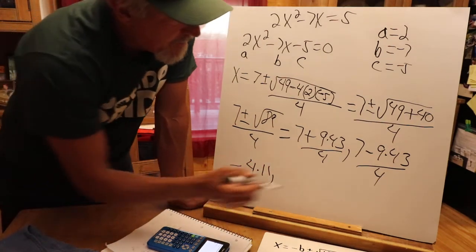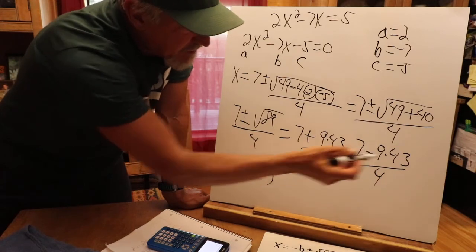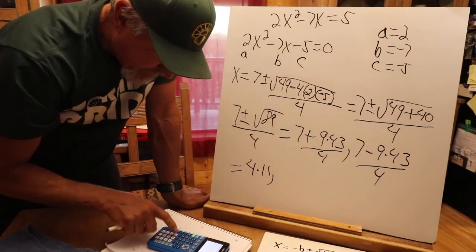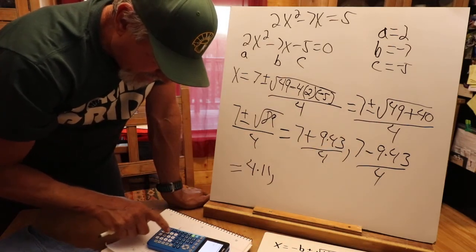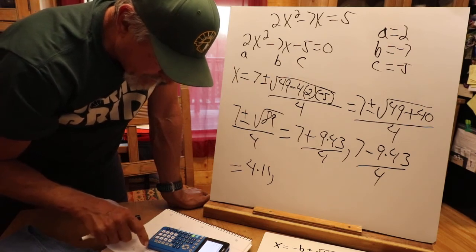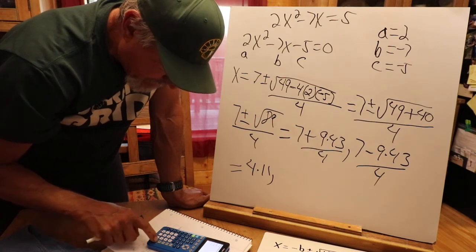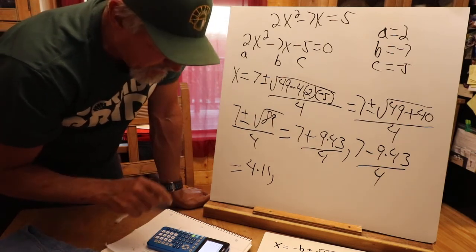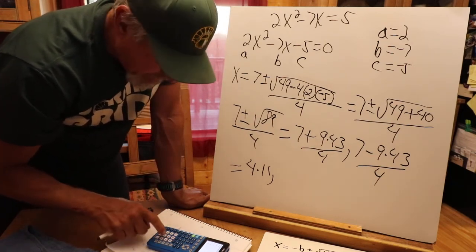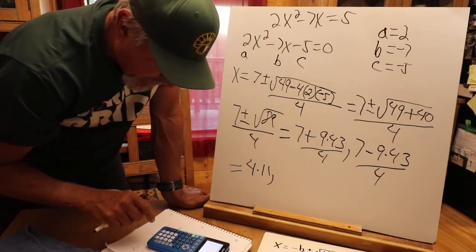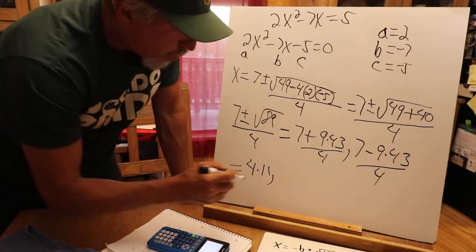Now I'm going to do the same thing, but I'm going to do 7 minus 9.43. It's minus 2.43 divided by 4. I get negative 0.61.